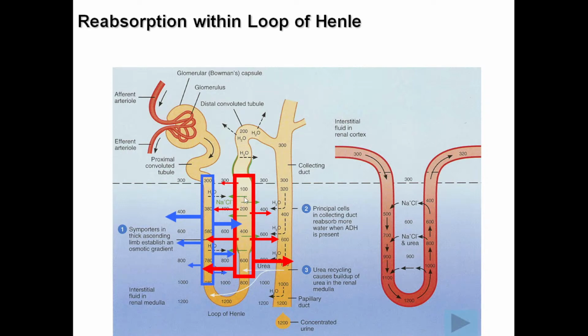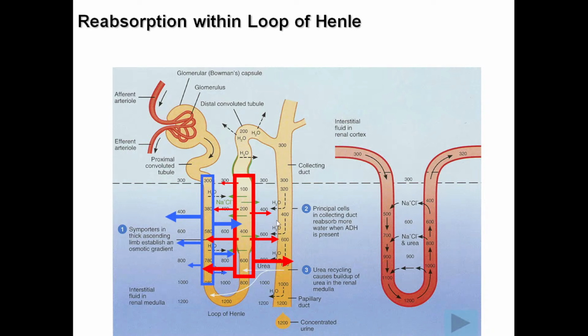The thin descending limb is characterized by high water permeability and lack of active transport. Osmolarity of the luminal fluid simply reflects that of the surrounding interstitium.